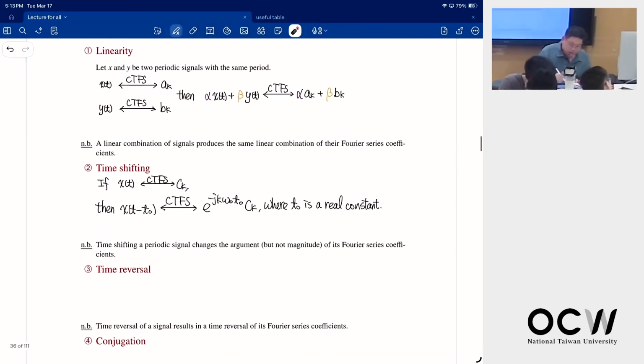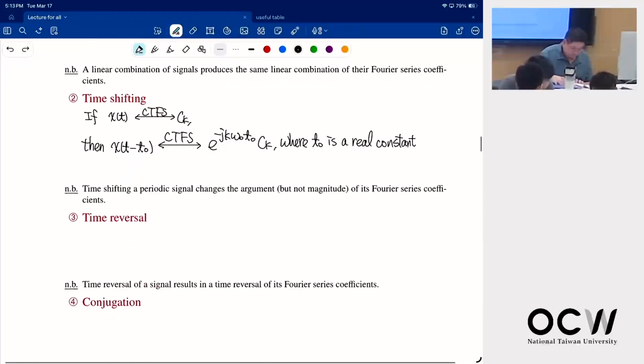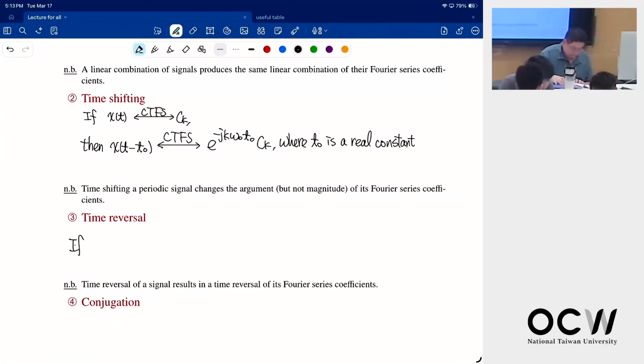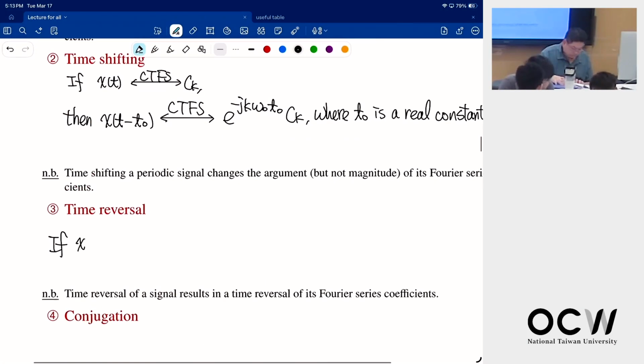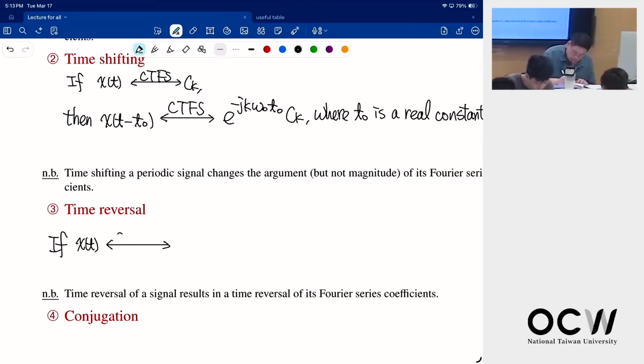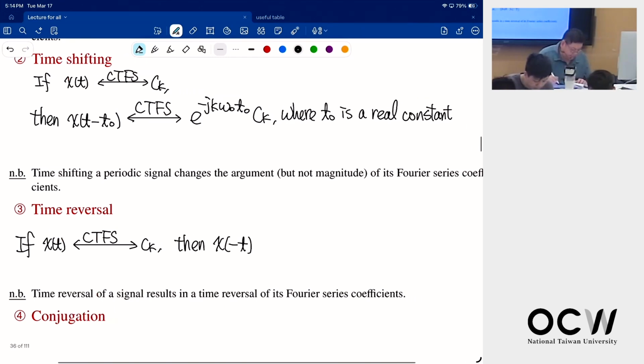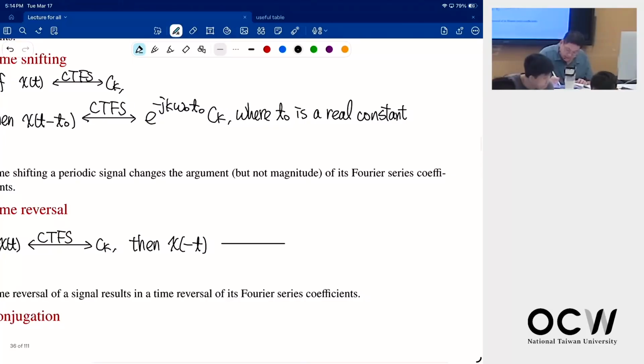Time reversal. x of t is the signal with the coefficient c_k. If I reverse this signal, so minus t, what happens to my coefficients? They also reverse.